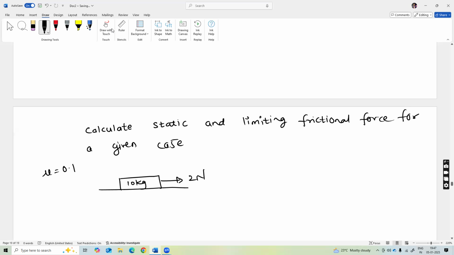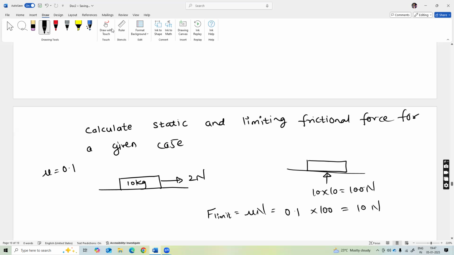So our first task will be to find out the limiting frictional force. If 10 kg is the mass of the object, then the normal reaction provided will be equal to mg, that is 10 into 10, that will be equal to 100 Newton. So normal reaction is 100 Newton, and limiting frictional force will be equal to mu N. So it will be 0.1 into 100, so it will become 10 Newton.